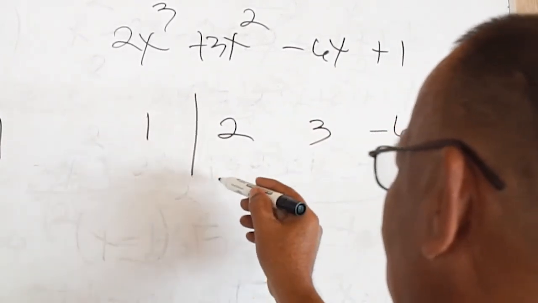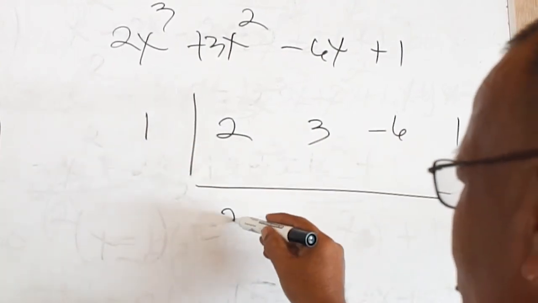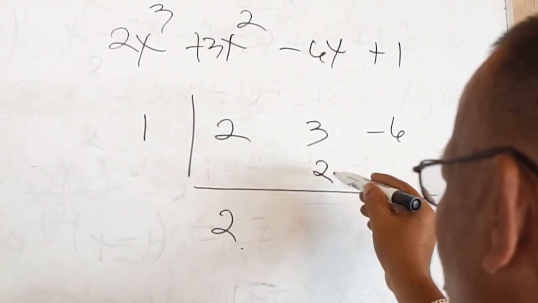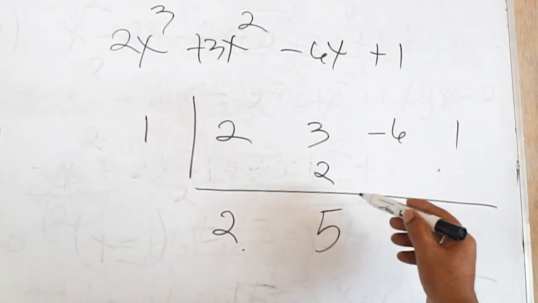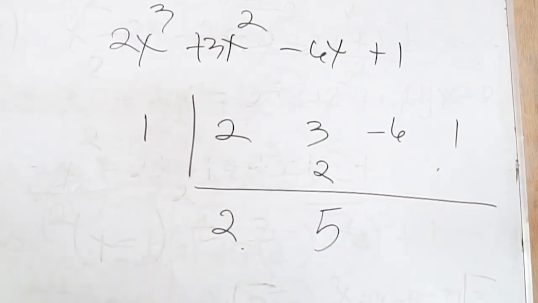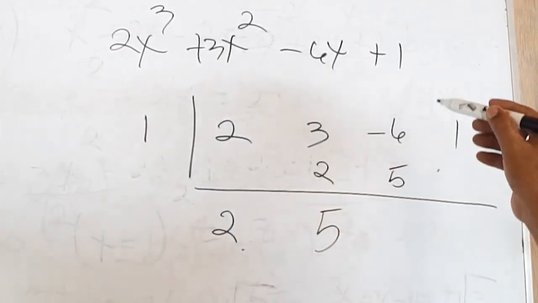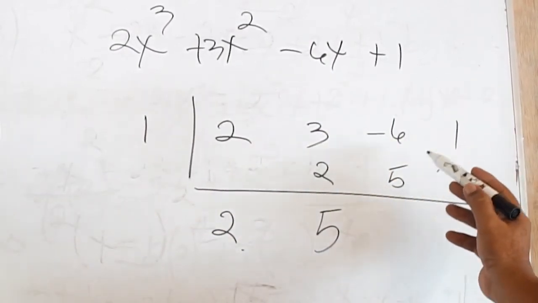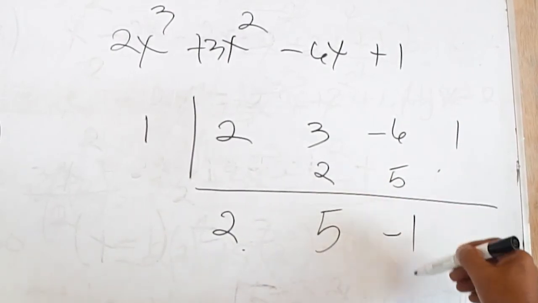Okay, then bring down 2. 2 times 1, so we have 2. Then add 3 plus 2, we have 5. Then after that, multiply. 5 times 1, so we have 5. Then add negative 6 plus positive 5, so we have negative 1.